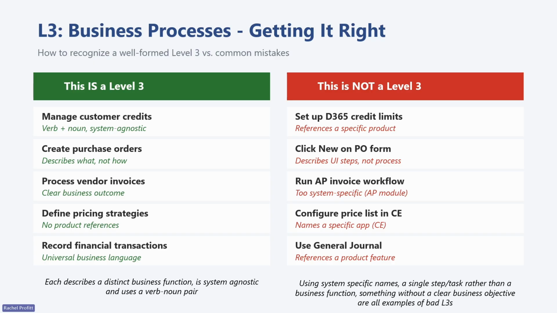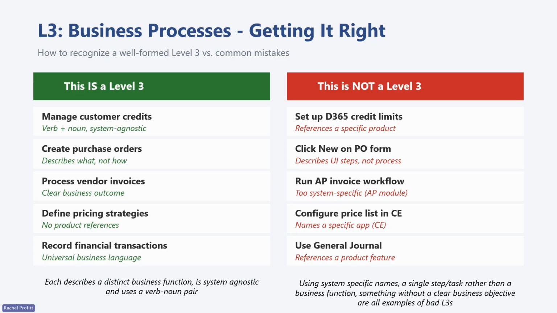A good level 3 business process is system agnostic. It uses clear business language and describes a distinct business function. Examples like managing customer credit, processing vendor invoices, or recording financial transactions work well because they describe what the business does, not how a specific system performs it. The examples on the right show the opposite.